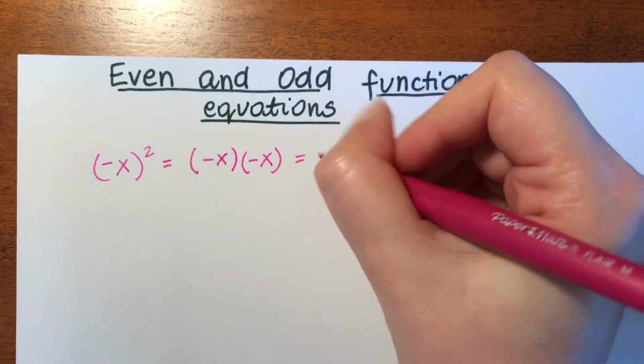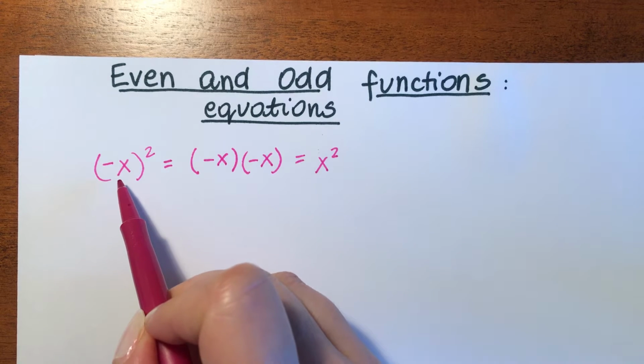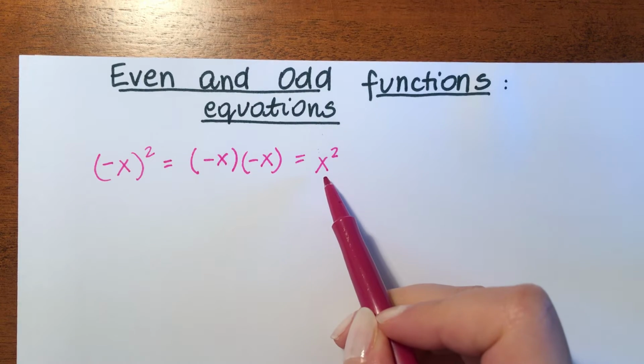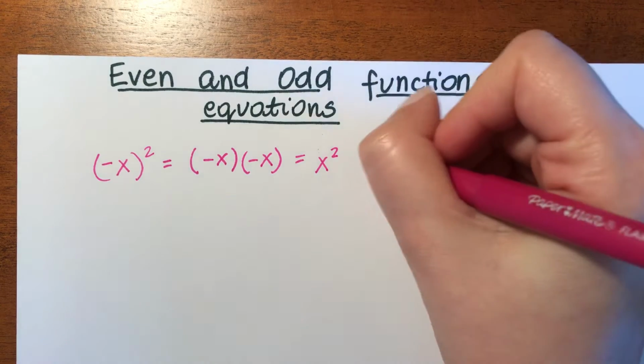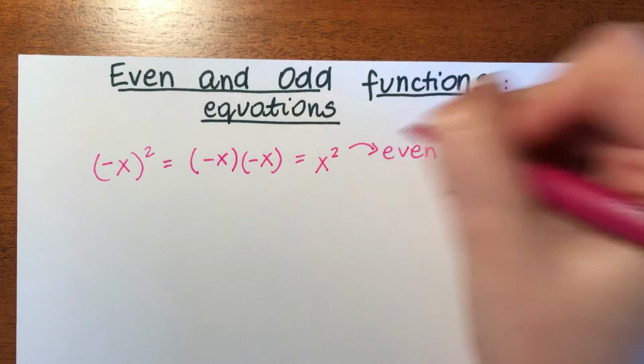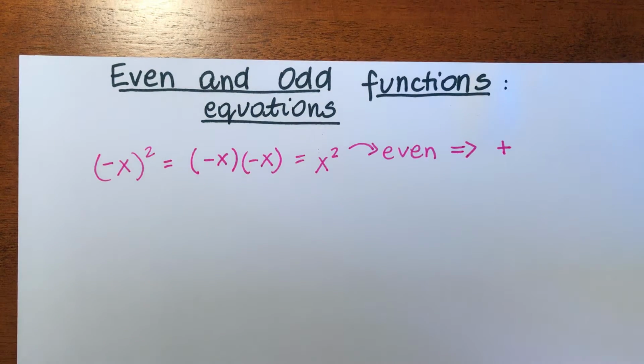And then x times x is x squared. So basically, when you raise negative x to an even exponent, you will always end up with positive x. So even exponent, we're ending up with a positive answer, okay?